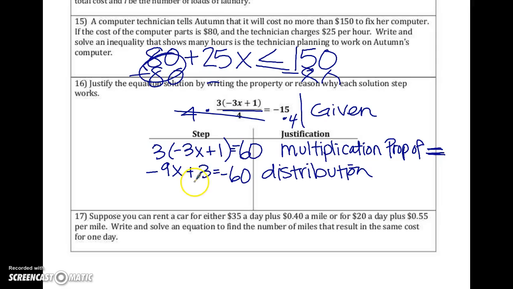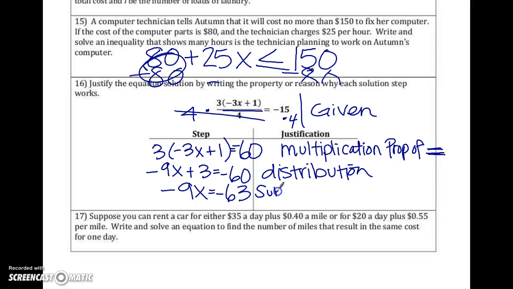And next we would subtract the 3 from both sides. So we'd have negative 9x still. If I subtract 3 from negative 60, I'm down 60 and I go down 3 more, I get negative 63. What I did was I subtracted 3 from both sides of the equal, keeping it equal.